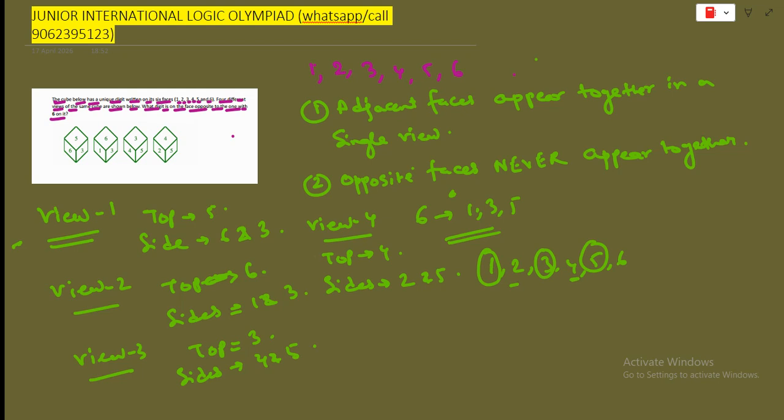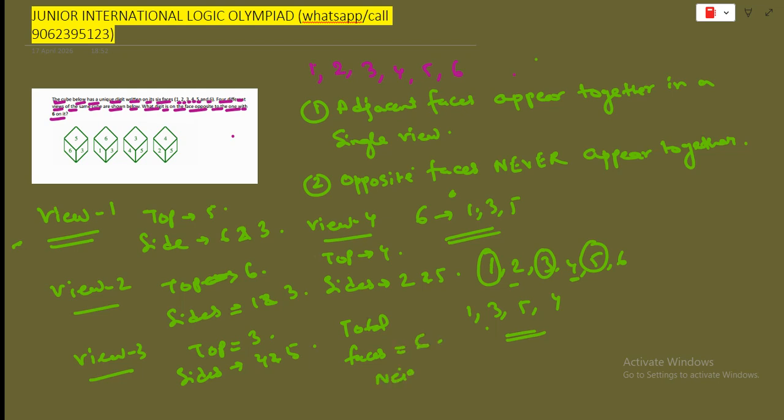Okay, so now check carefully. 4 is seen with 5 and 2, and 3 is seen with 4 and 5. So 4 is kind of busy with others and fits well as an adjacent. So neighbors of 6 will be 1, 3, 5, 4. So total faces 6.